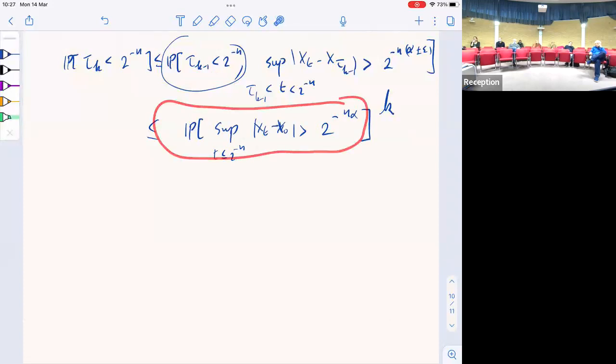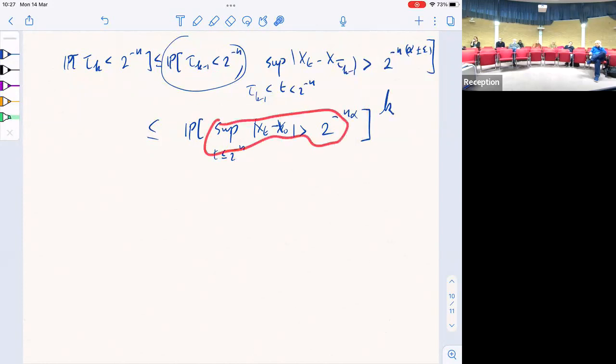So now we come to the exit time asymptotic, or this is kind of a large deviation estimate. So we know the typical scaling of this should be 2 to the negative n over alpha.